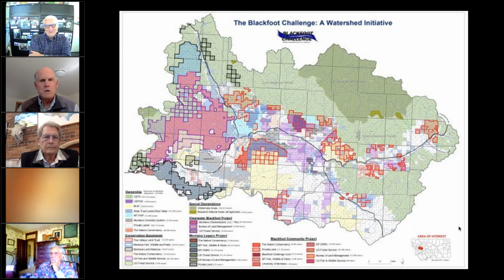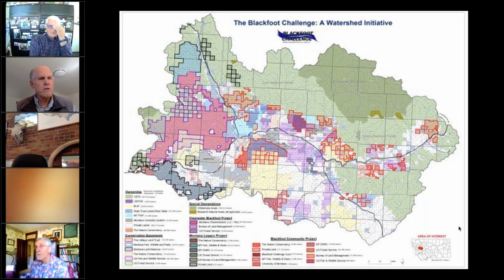It's kind of confusing. But the thing that created, in many ways, the Blackfoot Challenge and all the different stakeholders, ranchers, anglers, hunters, timber people, outfitters, communities, the sawmill in Seeley Lake and so forth, was a sense of the whole watershed. And the 7-Up Pete joint venture gold mining proposal kind of galvanized the watershed to think about it as a whole.